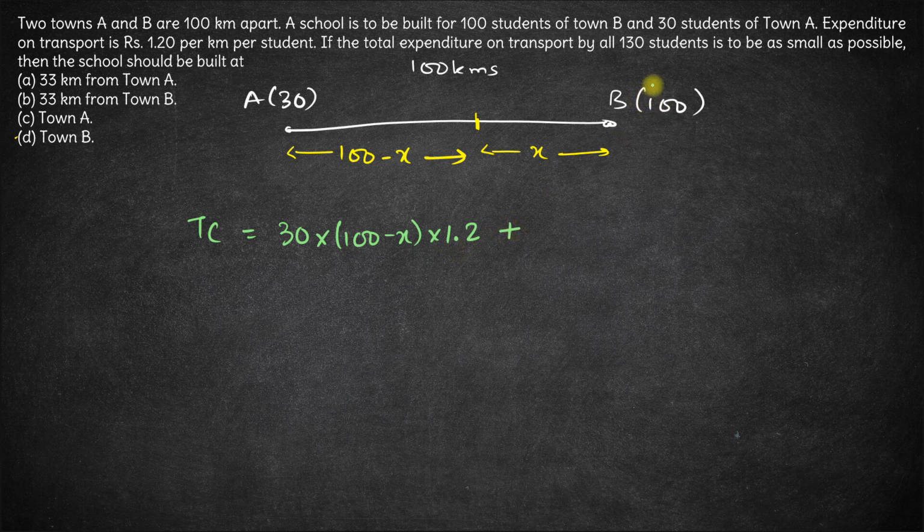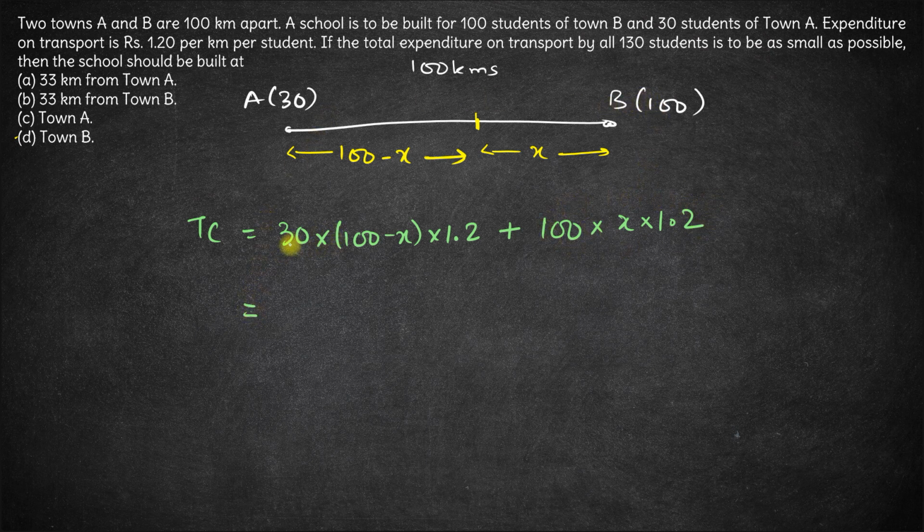Similarly, for town B students, one student has to travel x kilometers, and the cost for each kilometer is 1.2. So for x kilometers, the cost will be x into 1.2, and there are 100 students, so this becomes 100 into x into 1.2. This is the total cost for town B students, right?